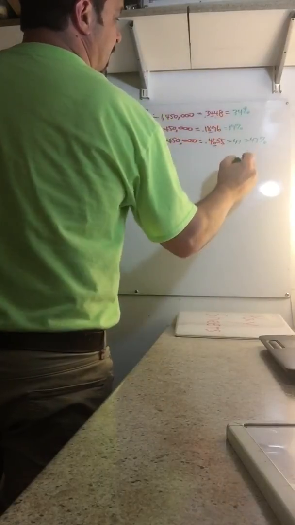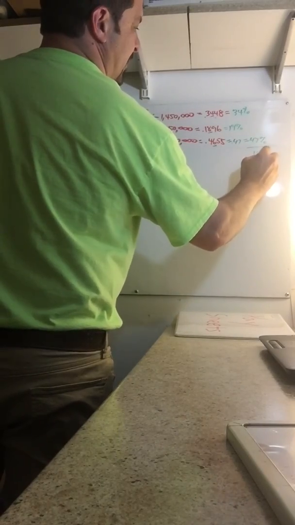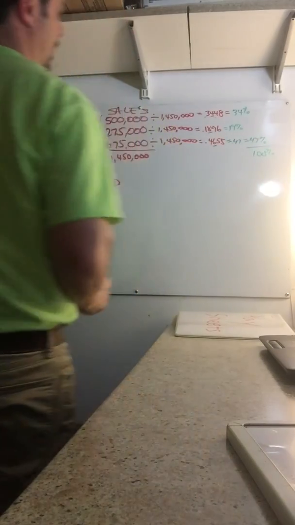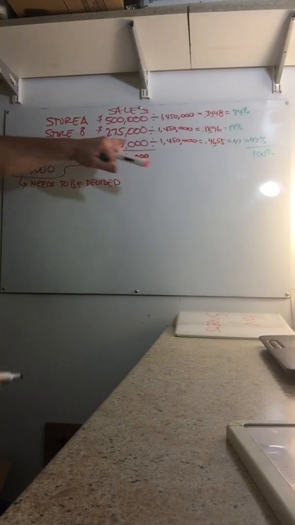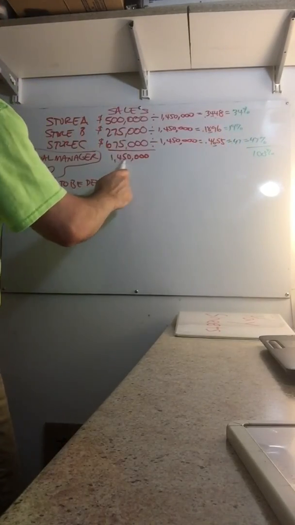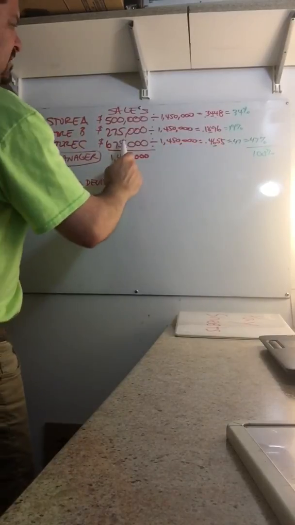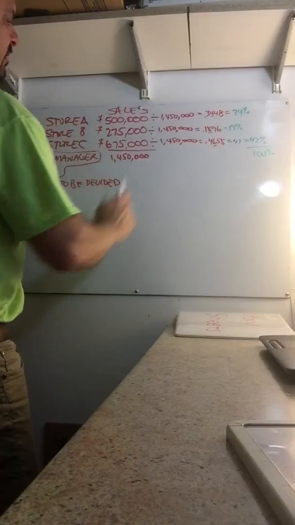So 34%. You add all these up, 34, 19, and 47, and what you'll notice is you have 100%. So all we've done is get Store A's percentage of the total, Store B's percentage of the total, and Store C's percentage of the total.